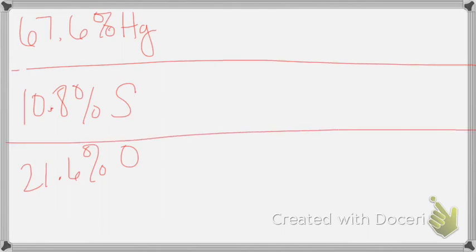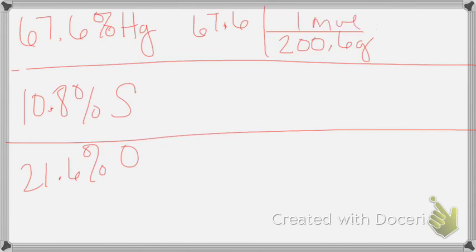Mercury is very heavy, okay, so it's 67.6 divided by, its molecular weight is 200.6-ish. I don't have the periodic table that's on the wall in front of me. So if there's another decimal place, you guys can use it. Per mole equals, and if you divide that out, you should get about 0.33.